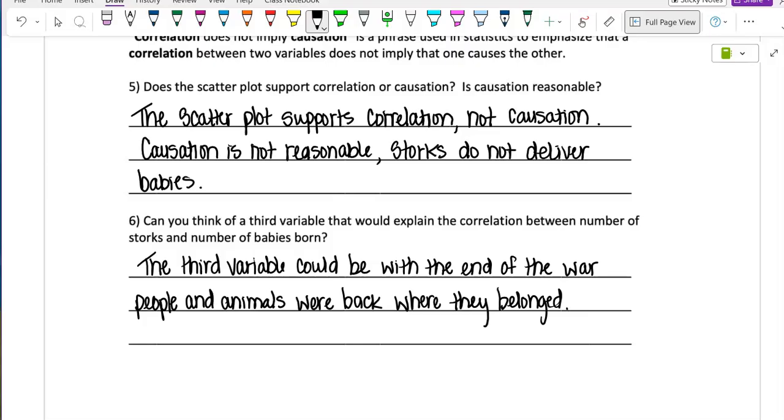So that is more likely to be the cause of both of those increasing than storks causing the number of storks increasing, causing the number of babies to increase. They are both increasing because the war has ended and now people and animals are returning to where they feel safe or where they belong.